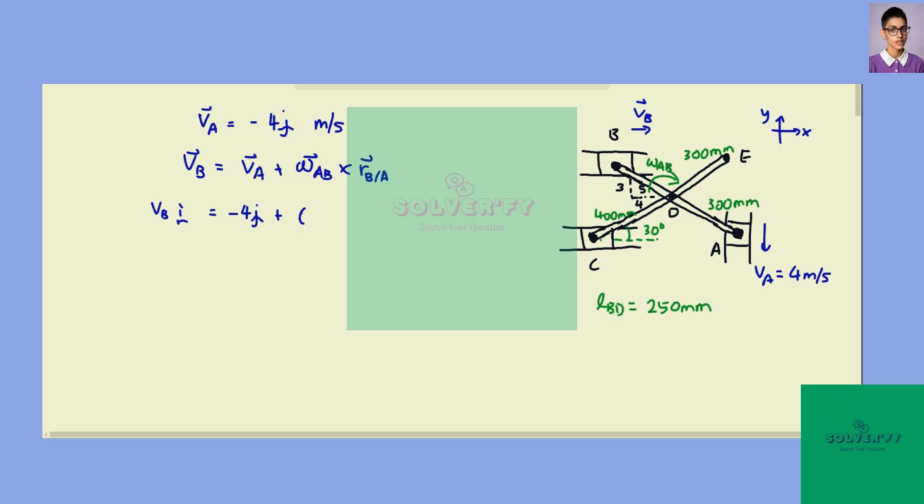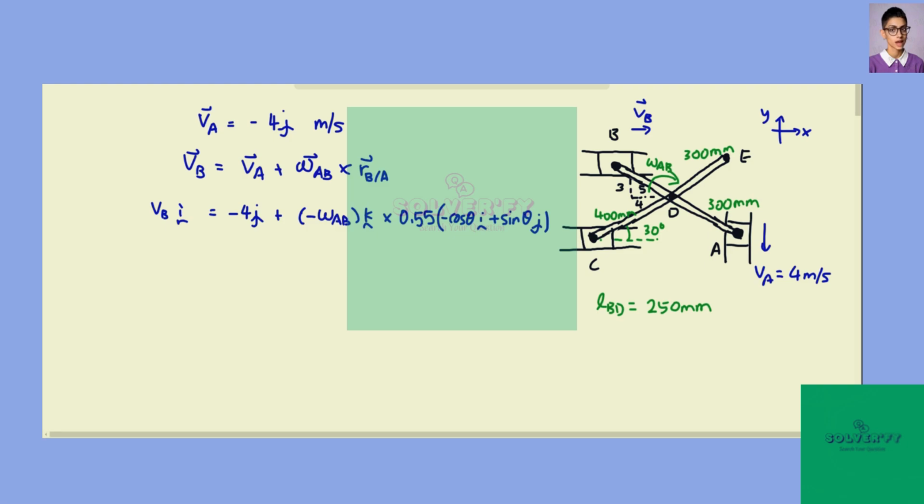Okay, so this will be minus omega AB k cross our position of B relative to A, which is equal to 0.55 times minus cosine theta i plus sine theta j.